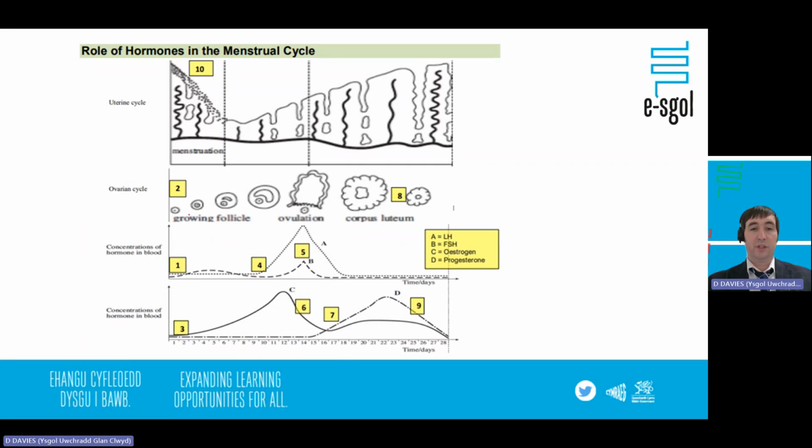The third one shows the ovarian cycle, that conveyor belt I mentioned of the formation of an ovule. Then you've got the uterine cycle, which is basically the thickness of the endometrium. The endometrium is thick here and thin here, across a cycle. This time we've got 28 days, about 28 days ish. Obviously it varies from person to person.